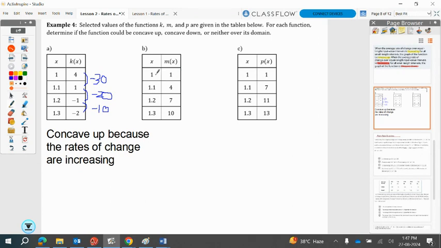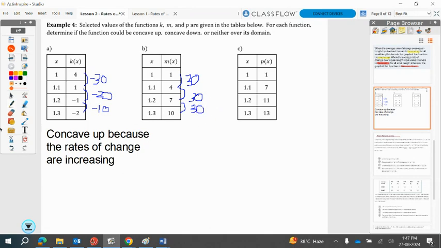Okay, let's have a look at this next one. So here we're going up by 0.1, going up by 0.1, going up by 0.1. Here we go up by 3. So this is 3 over 0.1. This one's going to give us 30. Here we go up by 3 over 0.1. So again, we're going to get 30. And here we go up by 3 over 0.1.